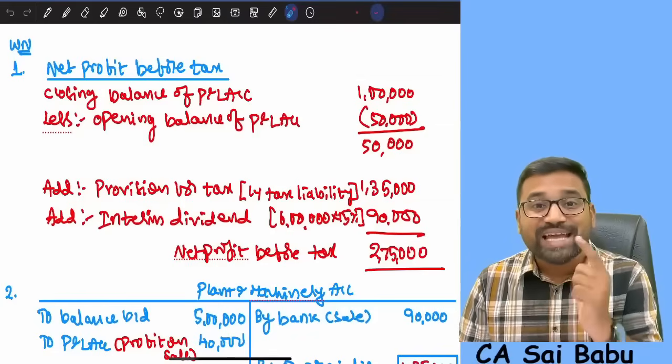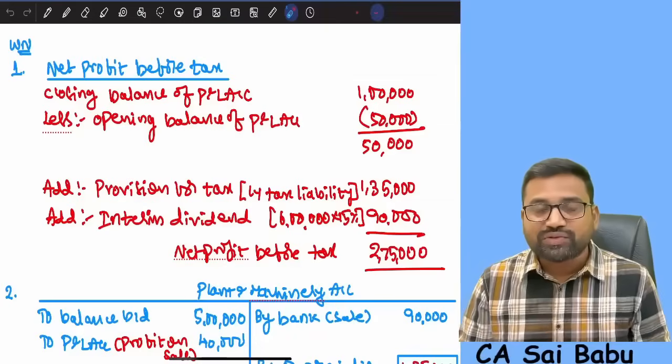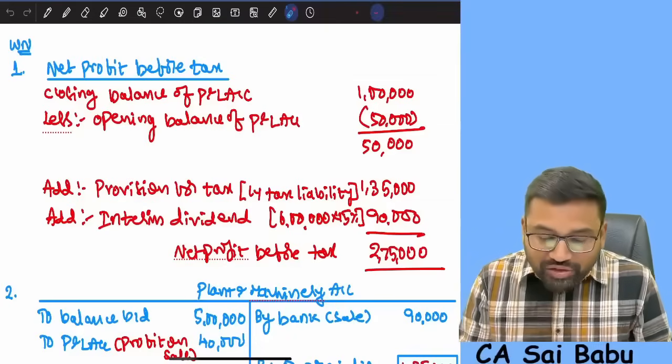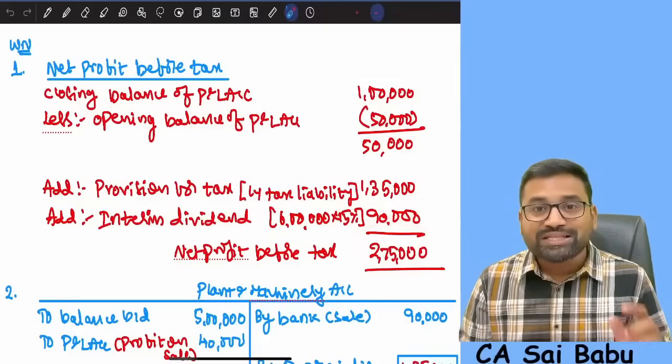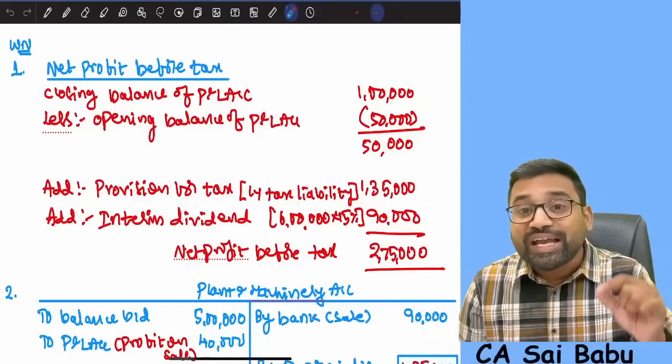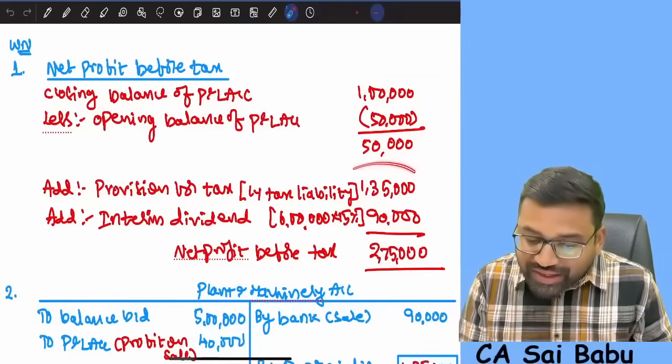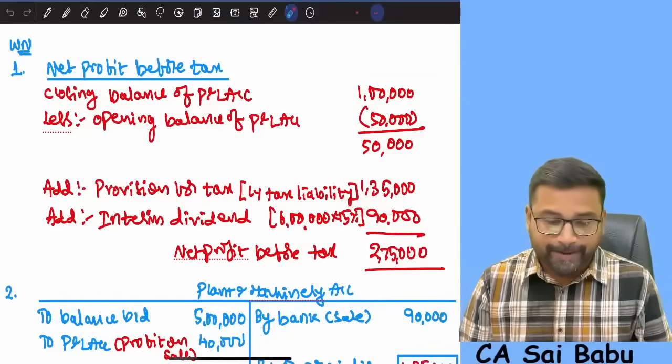Therefore, 1 lakh is tax paid, which we consider in the cash flow statement under operating activities. And when ascertaining net profit before tax, whatever provision was created from current year profits, that is 135, will be added back.